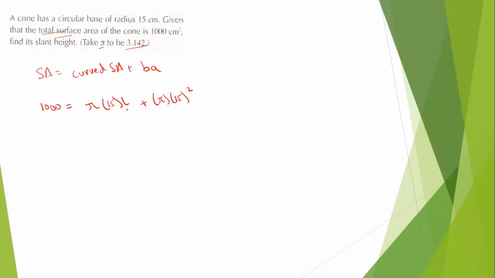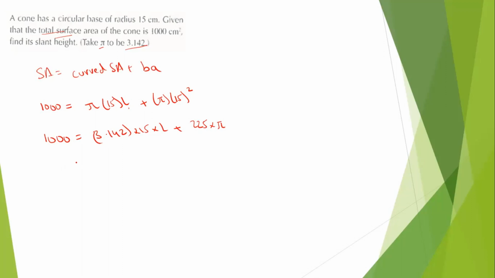So now you need to figure out this l. 1000 is equal to 3.142 multiplied by 15 multiplied by l plus 15 squared, which is 225, multiplied by 3.142.